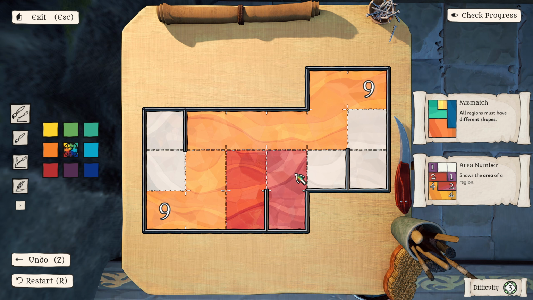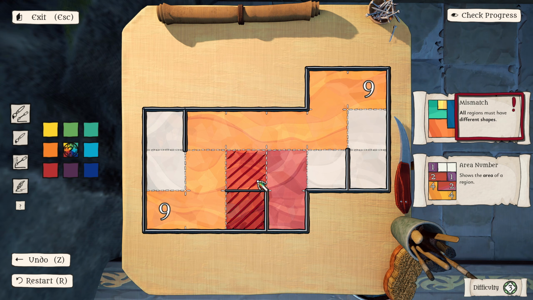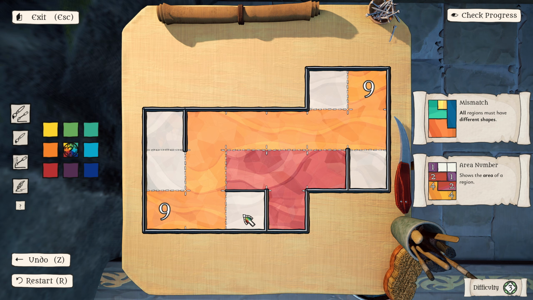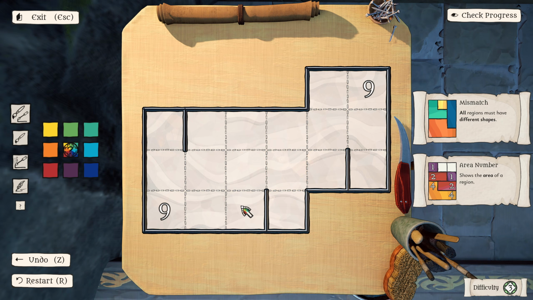All regions must have different shapes. If that's the 1, that's a T. Then we have 2 2s. This is still 9. That leaves a bunch of 1s. Now, am I still certain that the 9s have to be part of the same region? It really feels like they do.